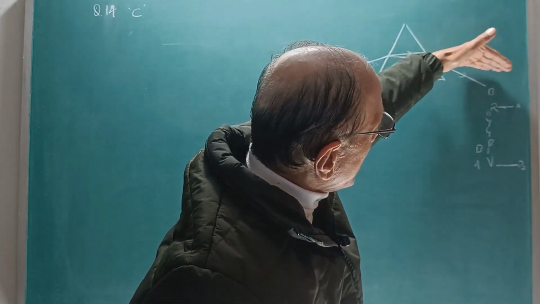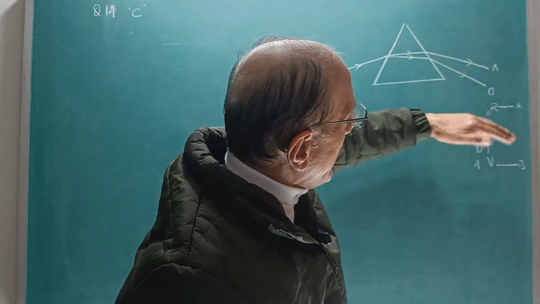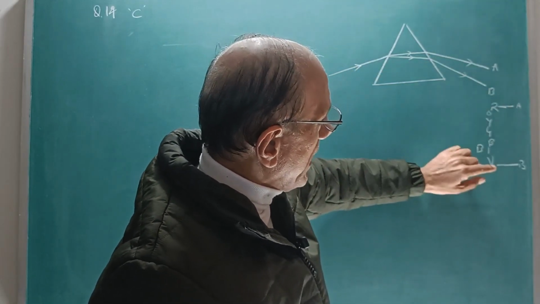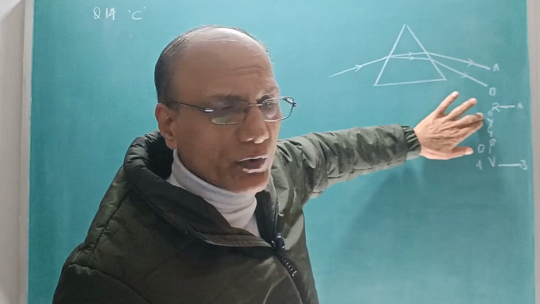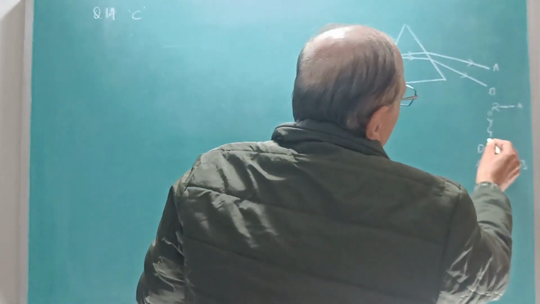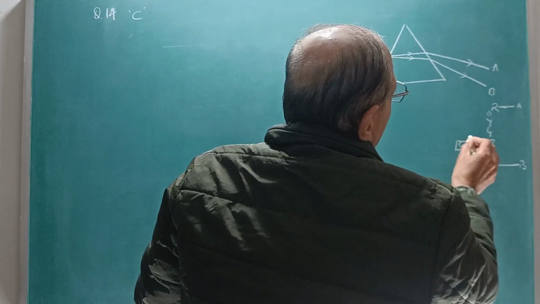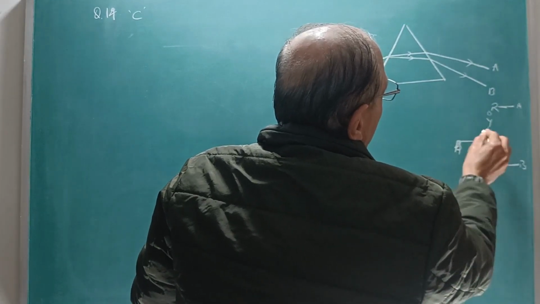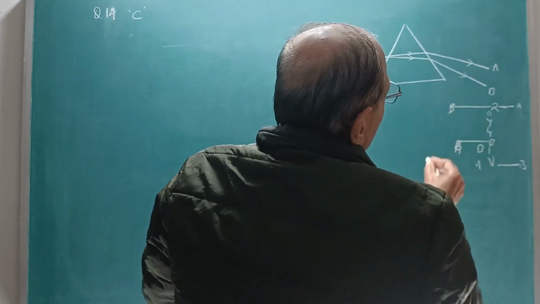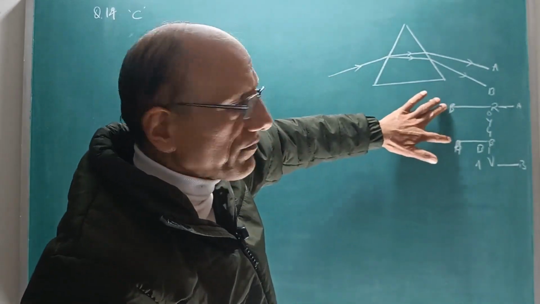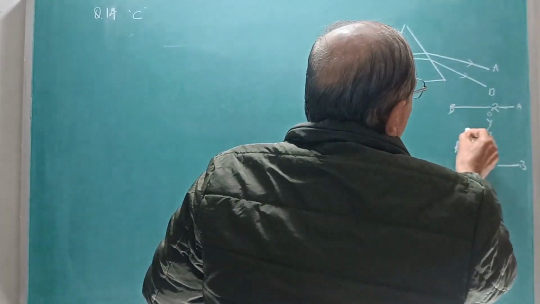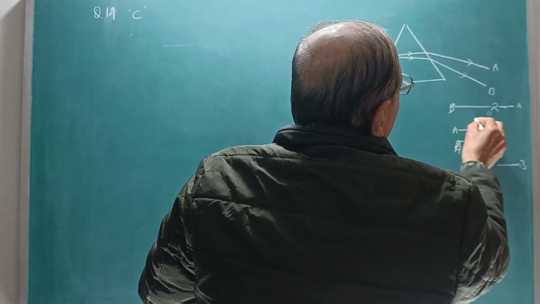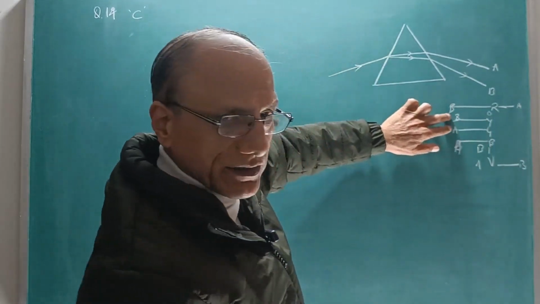The extreme A will be red and the extreme B will be violet, and the sequence should follow accordingly. The first option was blue, red: this is blue and this is red, so the order is reversed. The second was green and yellow: green was A and yellow was B, again the order is reversed.